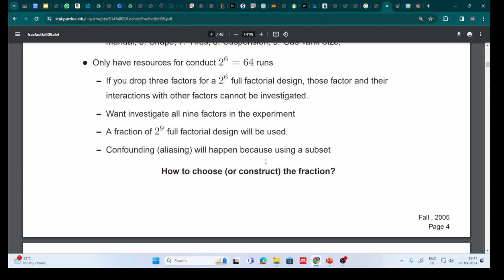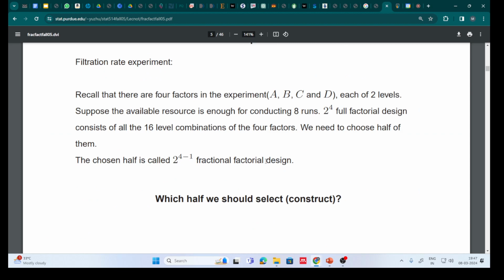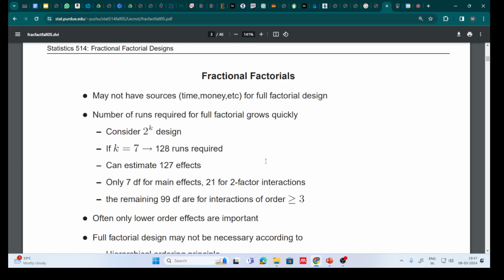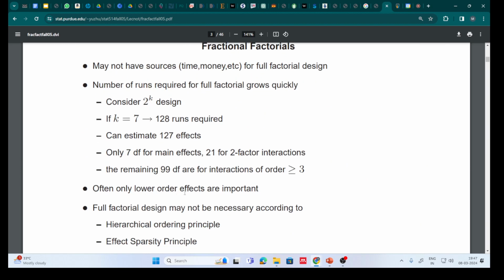The lower order always causes more influence. So that's why we avoid the higher order interaction and take only lower order interactions as much as possible. Often only lower order effects are important.